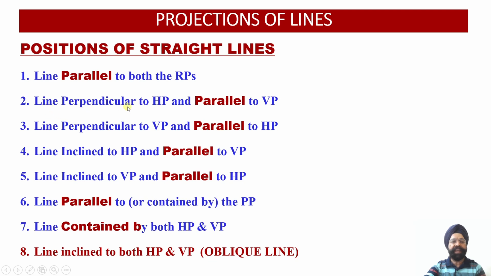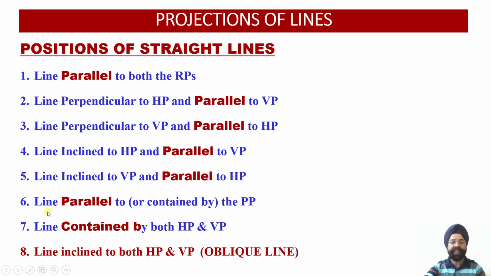Second, the line perpendicular to the horizontal plane and parallel to the vertical plane. The third case is the line perpendicular to the vertical plane and parallel to the horizontal plane. Then the next one is the line inclined to the horizontal plane and parallel to the vertical plane. Next, the line inclined to the vertical plane and parallel to the horizontal plane.